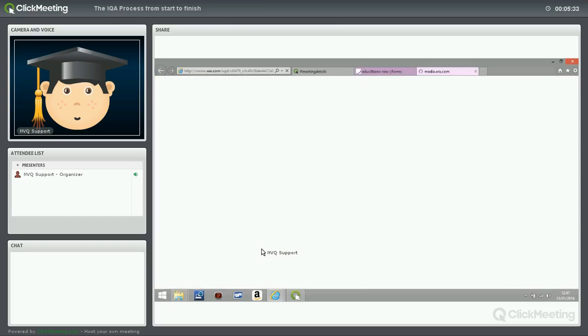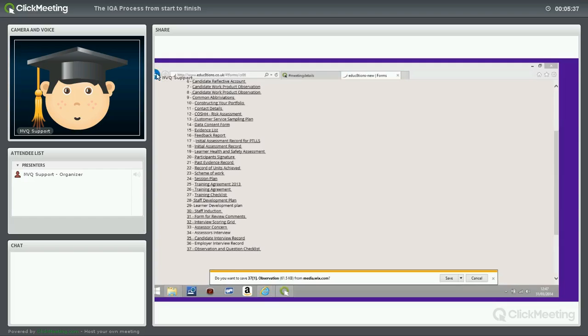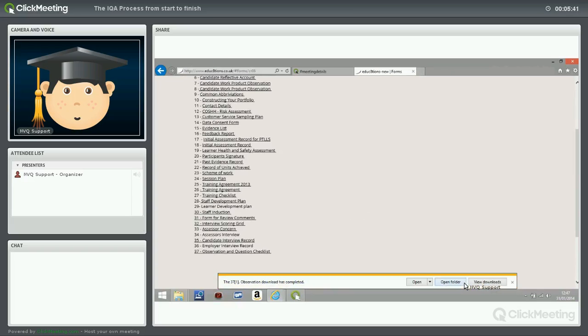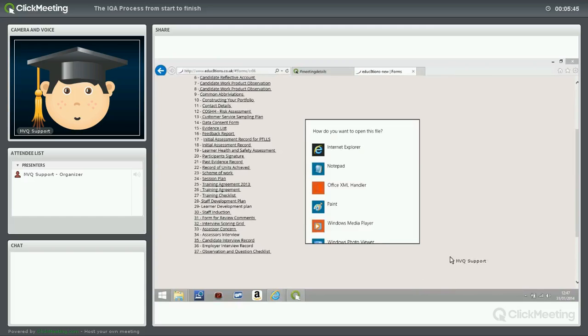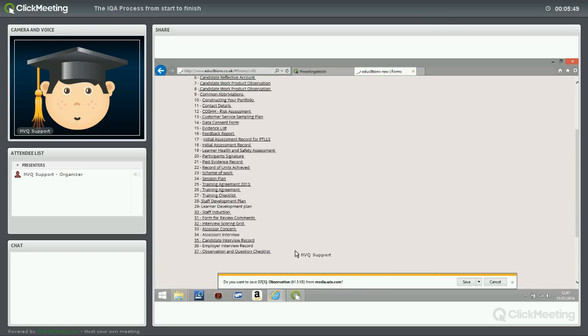And then observations. Why won't that open?